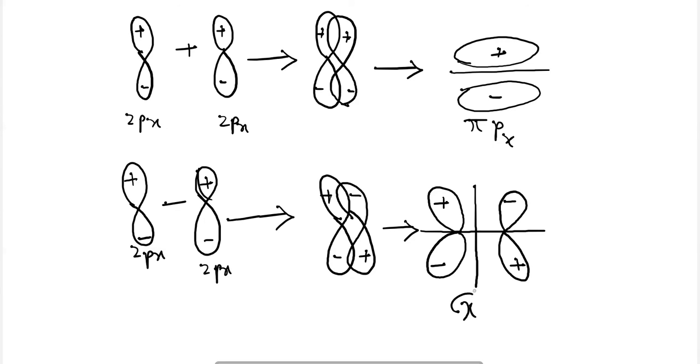This will be the anti-bonding pi orbital for 2p. So these are some of the structures for the bonding and anti-bonding molecular orbitals for the s orbital and p orbital.